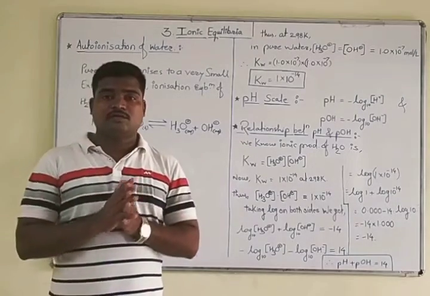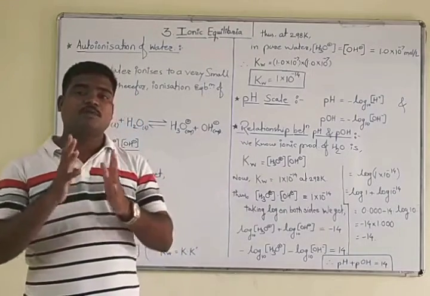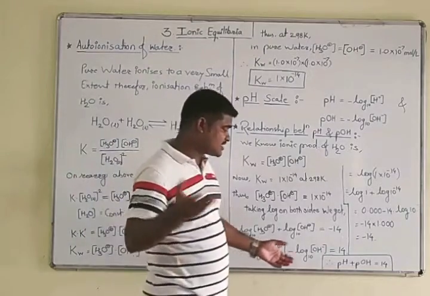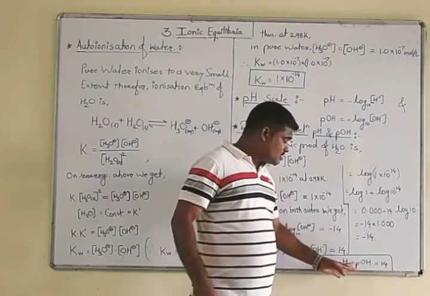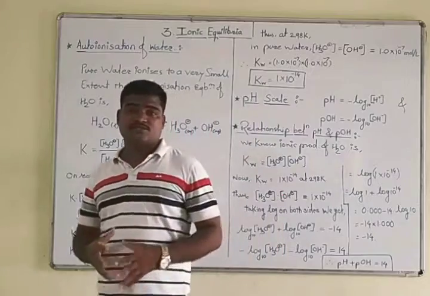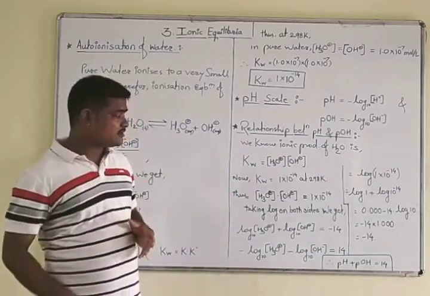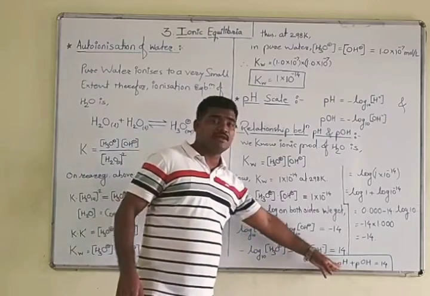Now some problems are also based on this equation. How are those problems going to be asked to you? Determine the value of pH or determine the value of pOH. In that case you have to use this final equation.